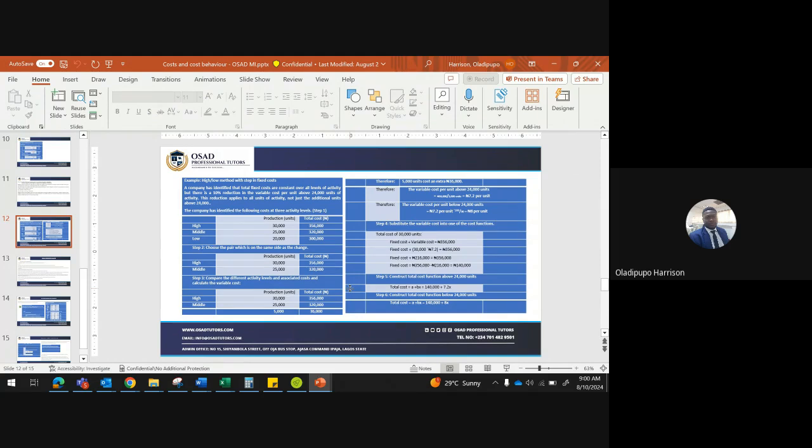That means the level of activity of 30,000 and that of 25,000 have already enjoyed that lower variable cost of production, and then we need to bring it back up.